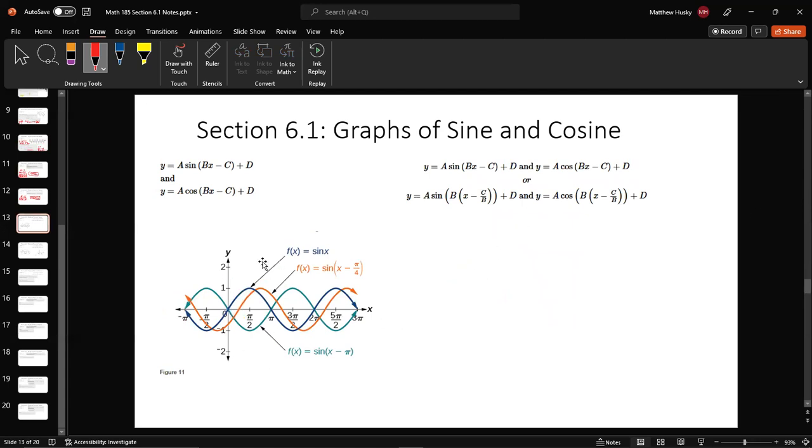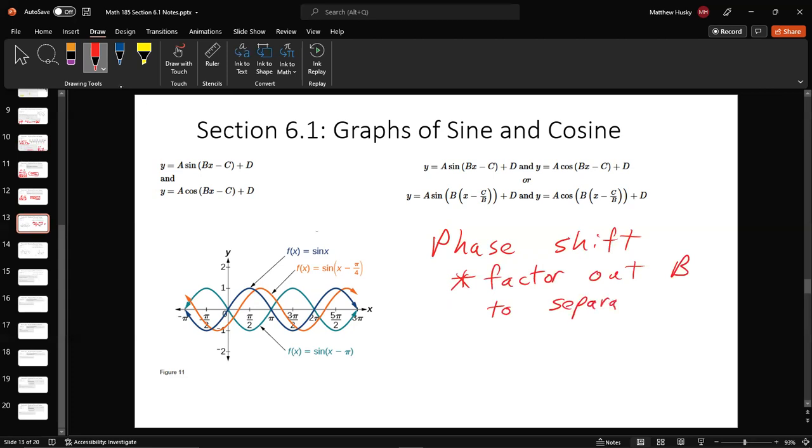All right, so then we're going to be talking about the phase shift. And what you would want to do is factor out B to separate the period and phase shift.